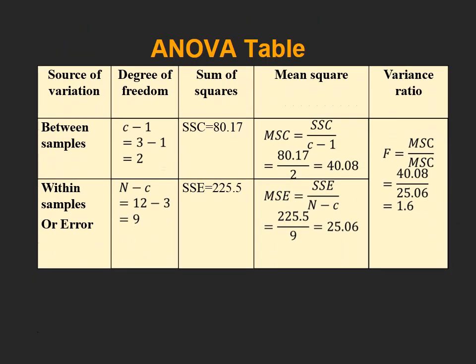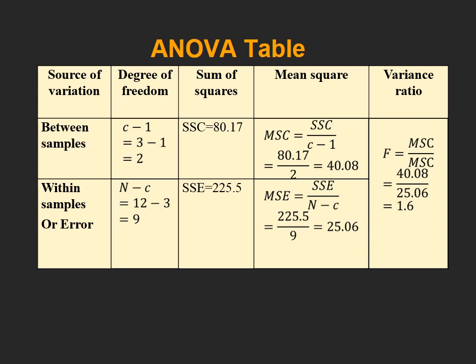After this, our table. For the source of variation between samples, or between columns, the degree of freedom is the number of columns minus 1. We have 3 columns, so 3 minus 1 is 2. The sum of squares SSC, taken from the previous slide, is 80.17.